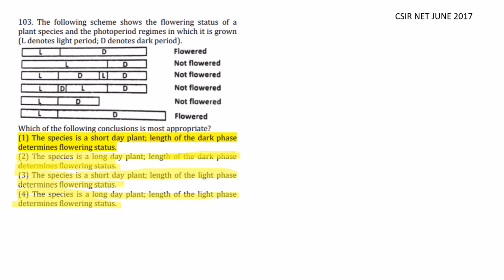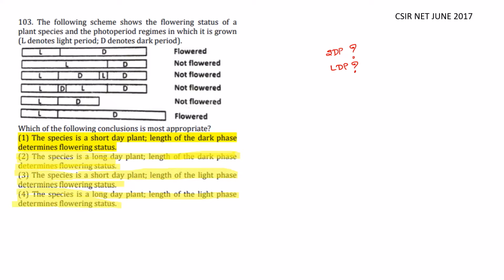So here different flowering statuses of a plant species are given. We have to find whether this plant is a short day plant or a long day plant, and also which phase, dark phase or light phase, determines flowering status.